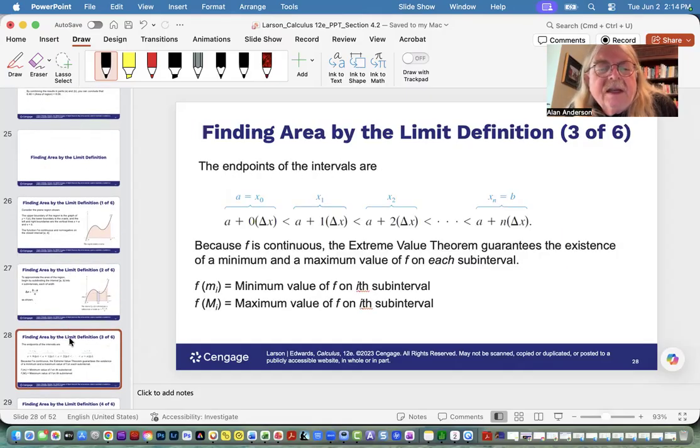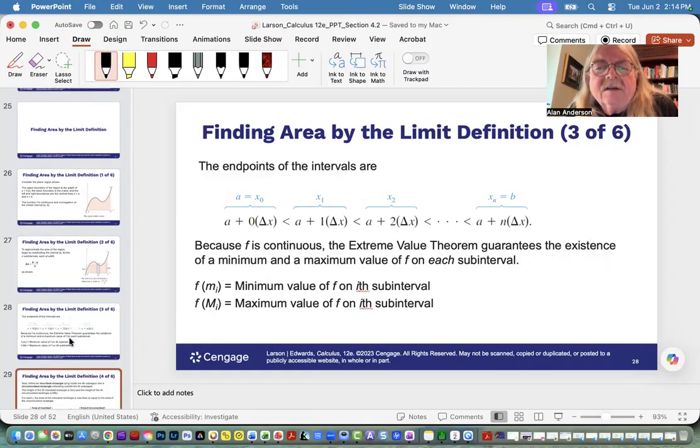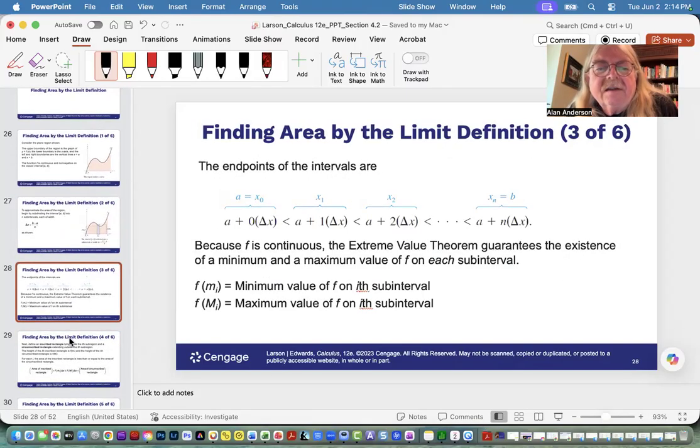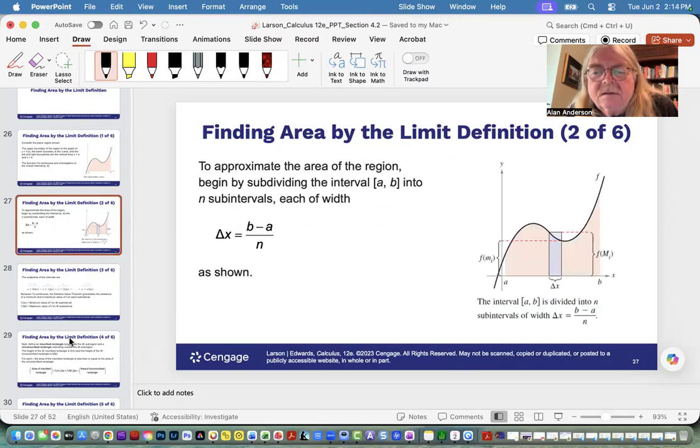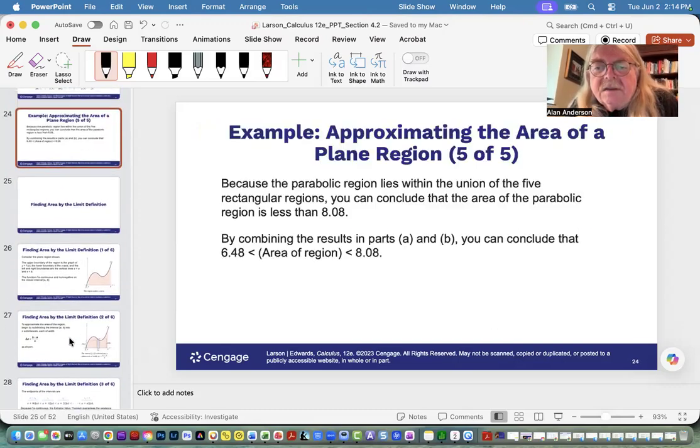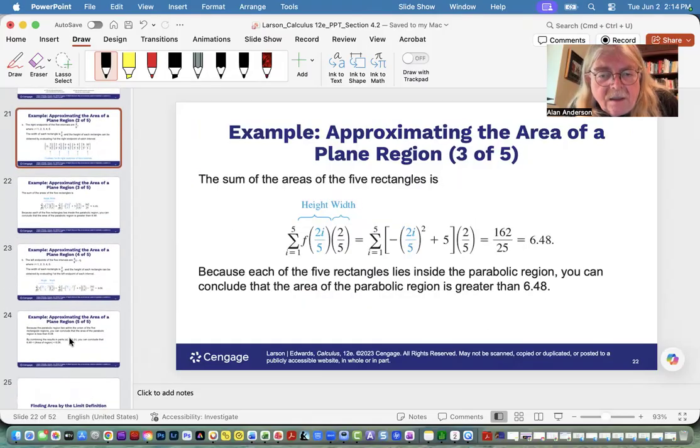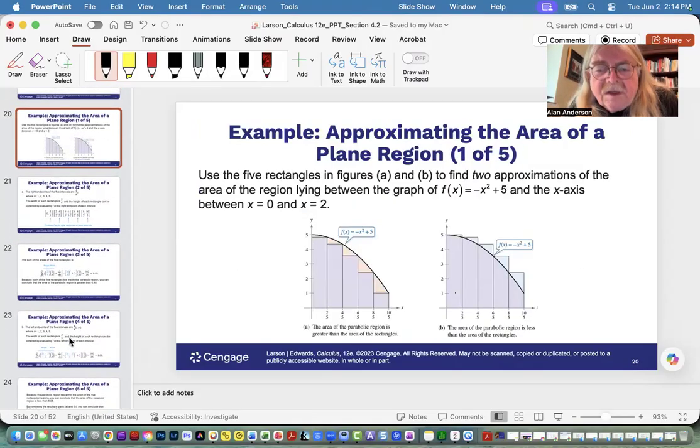And we have the endpoints. A is the left endpoint, remember, of the entire interval. We start at A, and then each delta x is the next rectangle. So those are our endpoints, which we're calling x sub 0. I guess they didn't use that notation here.